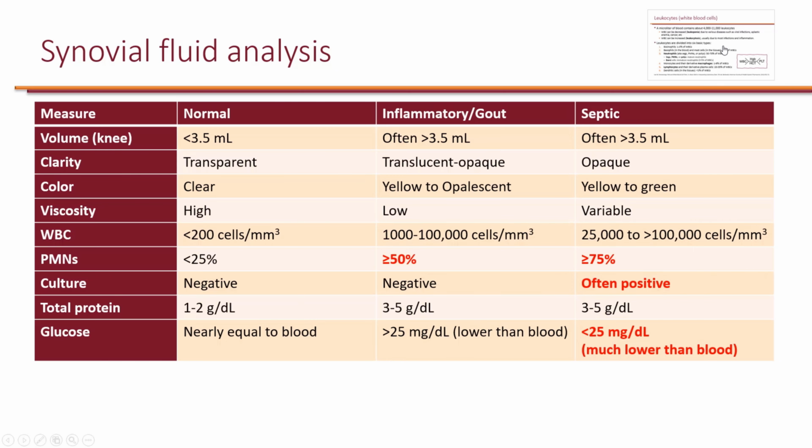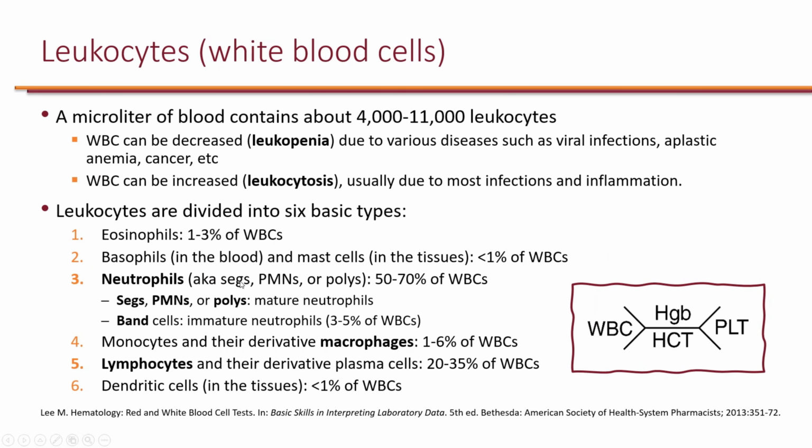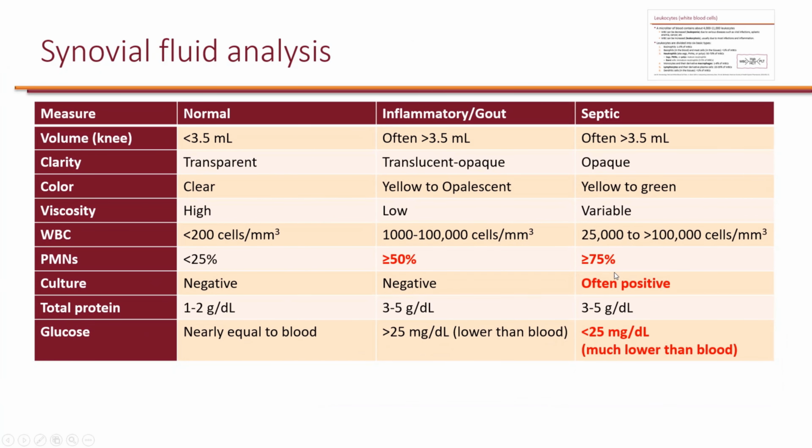And of course, you will remember from week 1 that neutrophils, for the most part, are segs. Another word for them is PMNs or polys. These are the mature neutrophils, and the immature neutrophils are called band cells. So the number of mature neutrophils will actually go above 75% of white blood cells in the synovial fluid.